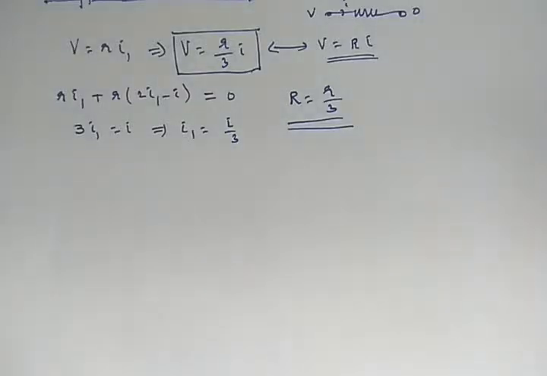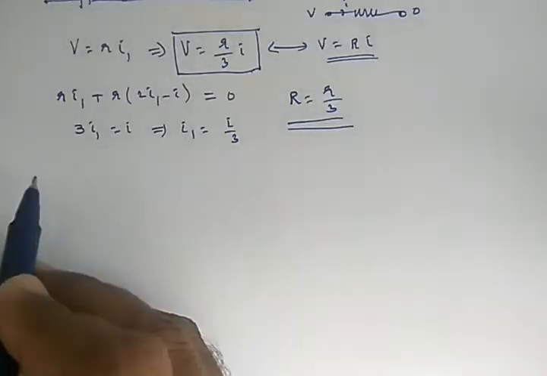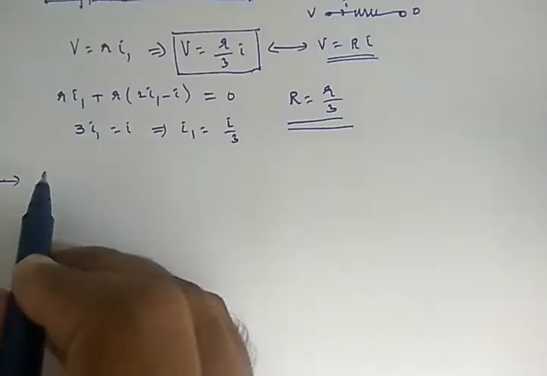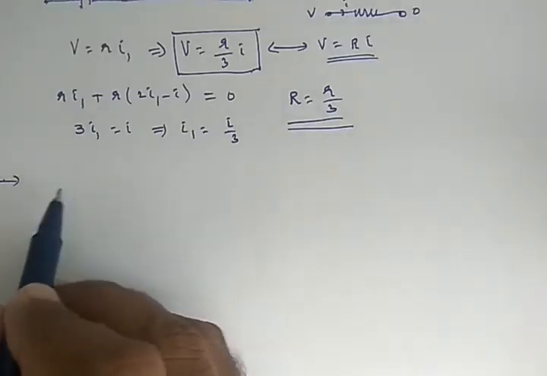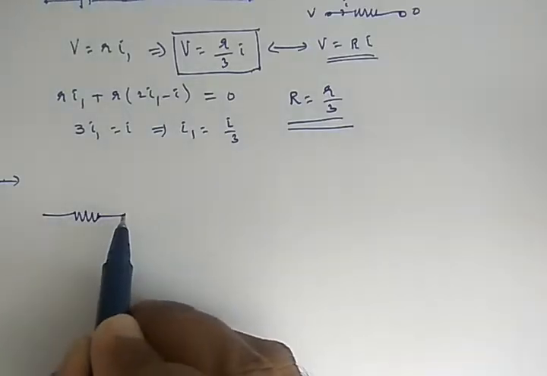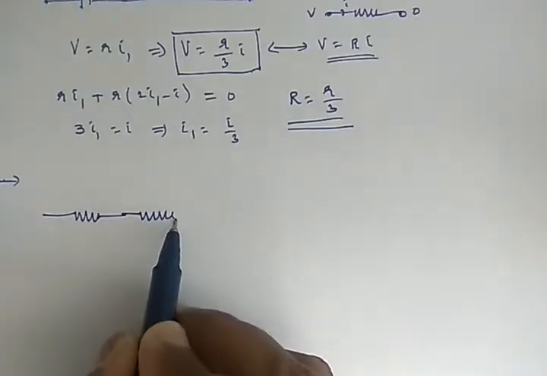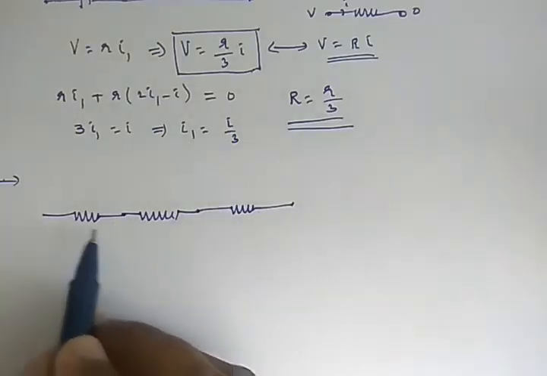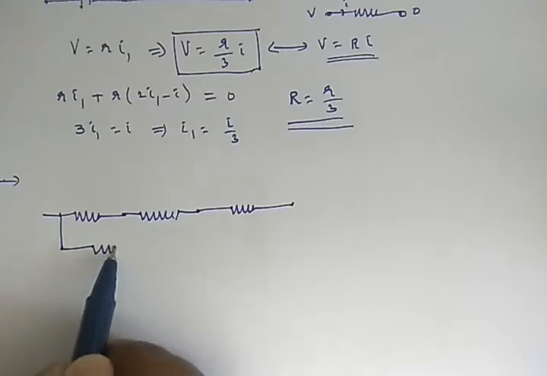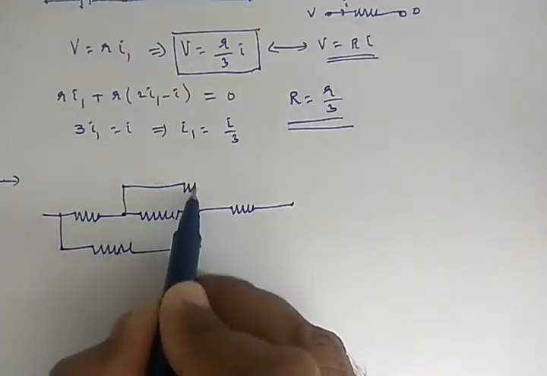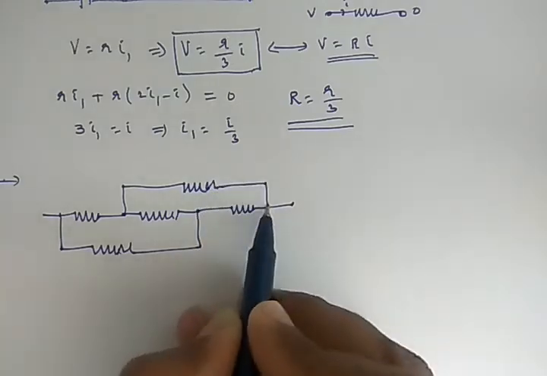So look at one more circuit. You take 5 resistors here, 1, 2 and 3, and connect one more resistor like this and one more resistor like this.